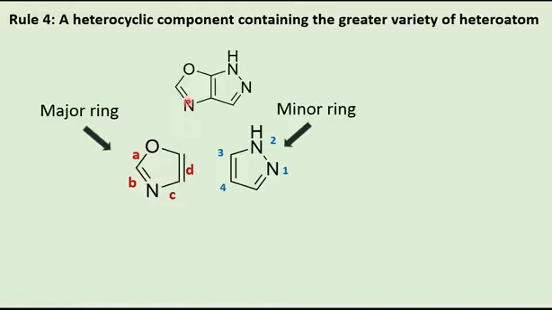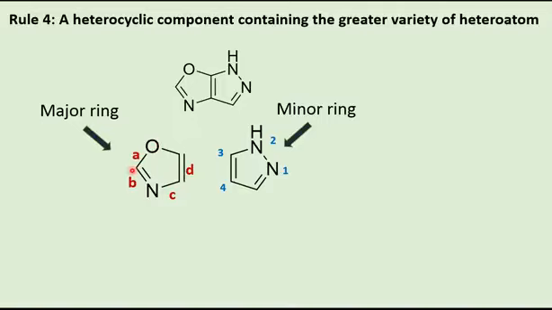First, you take the ring, split it, and decide which is the major ring and which is the minor ring. For both rings, give numbering as per IUPAC or Hantzsch-Widman nomenclature. Then for the major ring, give letters to represent the bonds.